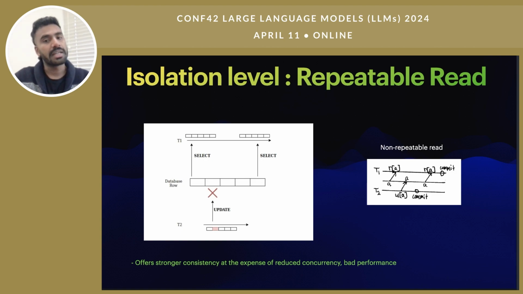Repeatable read typically results in lower concurrency compared to read committed because it holds locks for the duration of the transaction, because you're doing two reads, right? For the entire duration of the transaction, T1 is holding the lock to prevent other transactions, say T2 in this case, from doing any kind of updates or modifying the data.